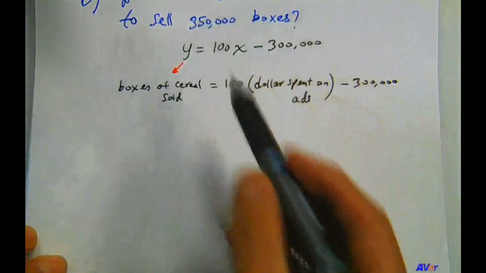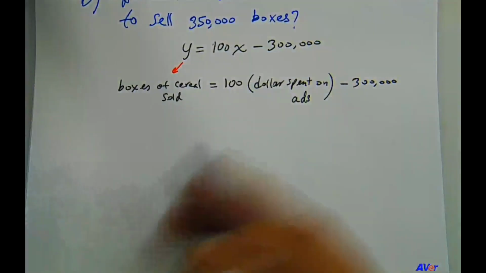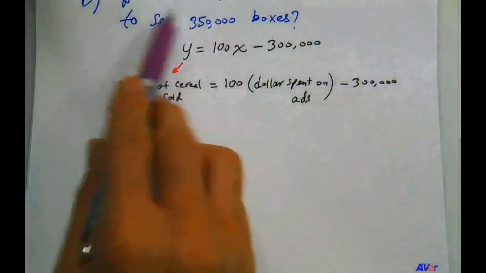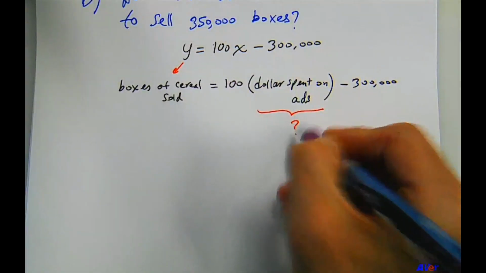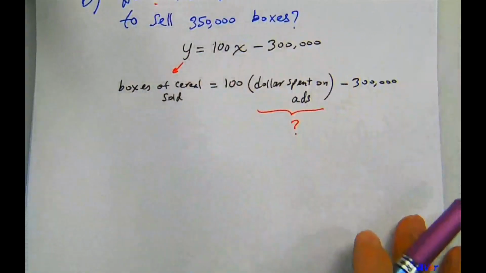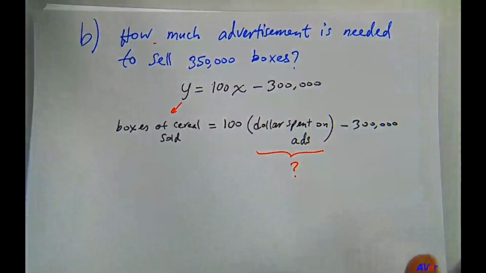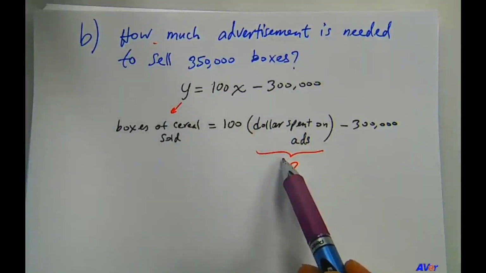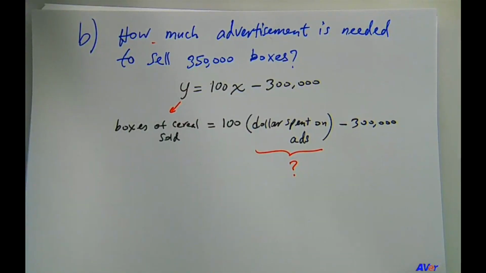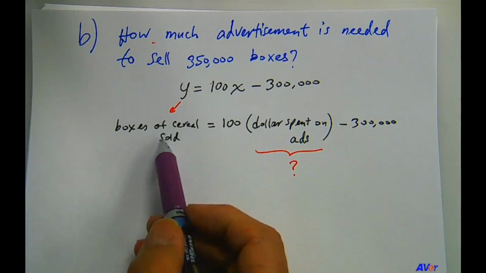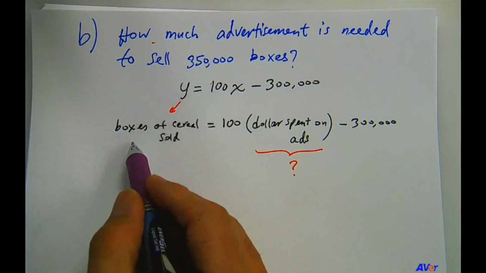Well, in this problem, they're asking how much advertisement. This is the one that is under question. How much advertisement, that's this piece, is needed to sell 350,000 boxes. So the boxes would be this one, right?